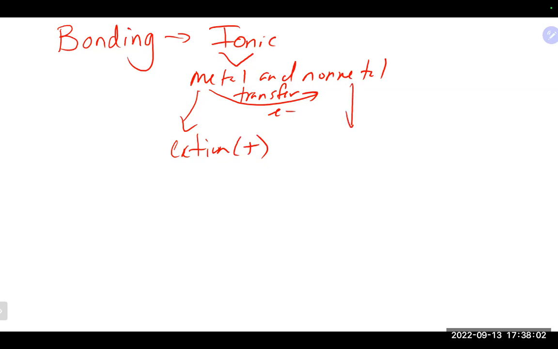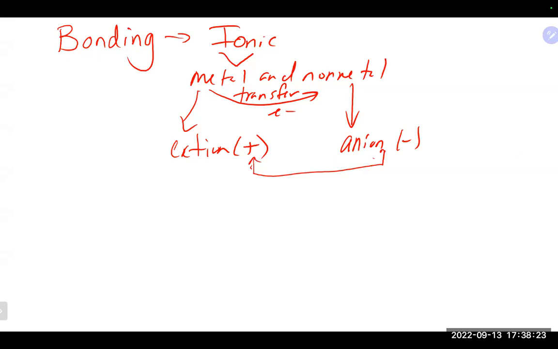We will make an anion there from the non-metal, which is negatively charged. And once again, these two are held together by the attractive force of the positive and negative attraction. There's absolutely, again, no sharing of electrons that are occurring here. It's that electrostatic attraction between these two guys.